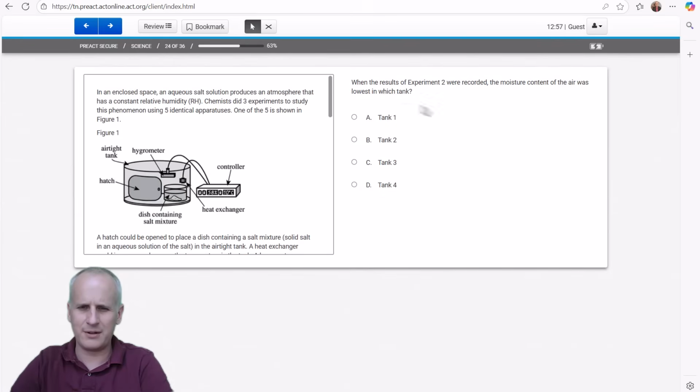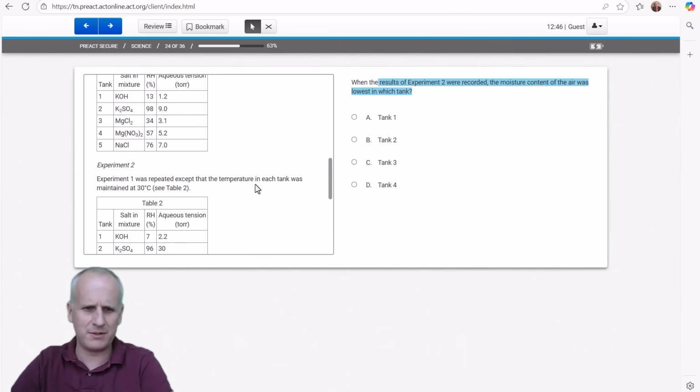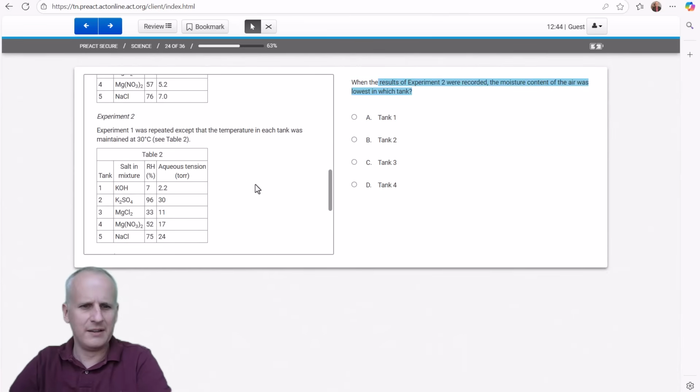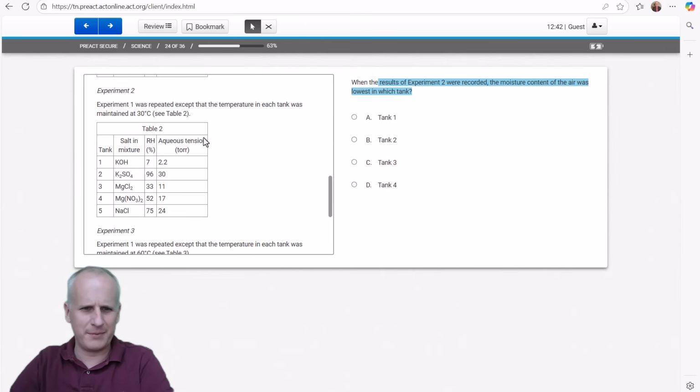We'll move on to the next question, number 24, which is a new passage. We're being asked, the results of experiment 2 were recorded. The moisture content of the air was lowest in which tank? So we just have to go straight down to experiment 2. And if we're looking at experiment 2, the moisture content, I really don't know which is going to tell us moisture content.